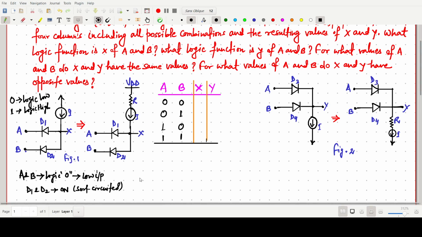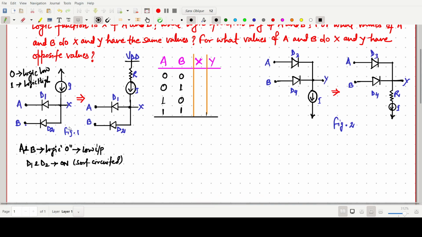Very simple thing. So 0 volt will appear across the X point, so X will be 0. The same voltage appears because of the ideal diode.